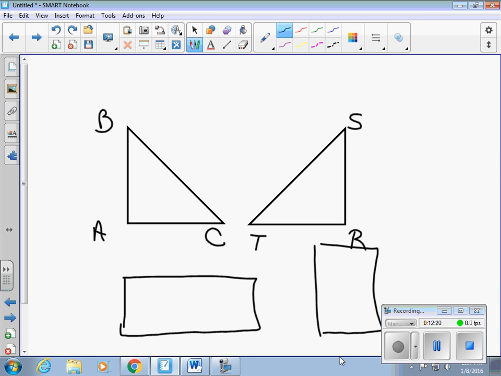So my first thing that I would probably do is redraw it so I know what corresponds with what. Even though right now we know that A corresponds with R, and B probably corresponds with S, and C corresponds with T. But when you're starting to refer things in a minute, you might accidentally go, well, A and T correspond.